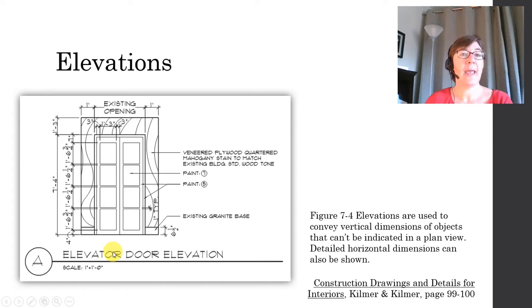Now some detailed horizontal dimensions are also shown for things that we can't show in the floor plan. For example, in the floor plan for this door, you wouldn't show the individual panes of glass, and therefore there's no way to call out those panes' dimensions. And therefore, we do that right here on the elevation, 1 foot 3 inches centered in that door.